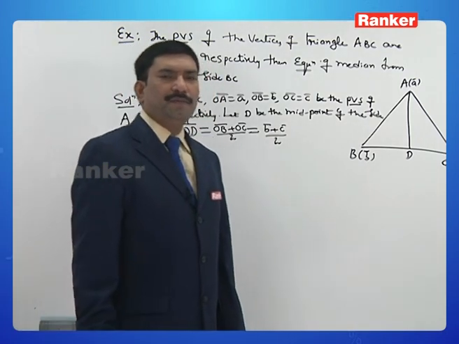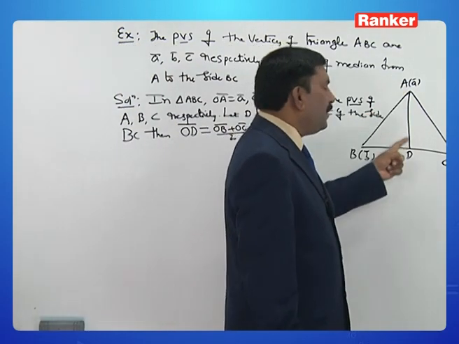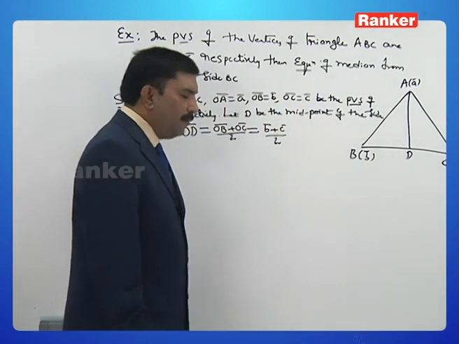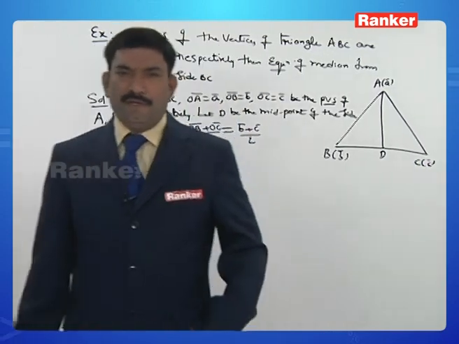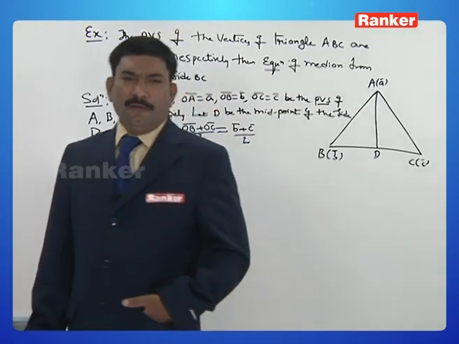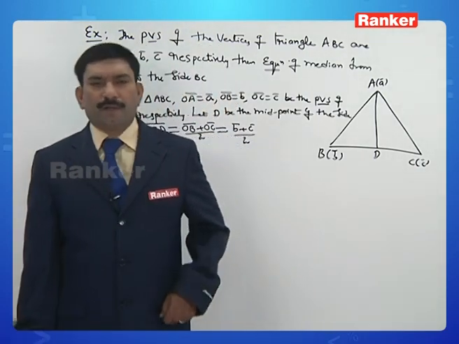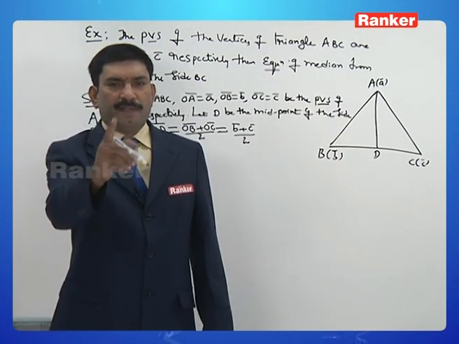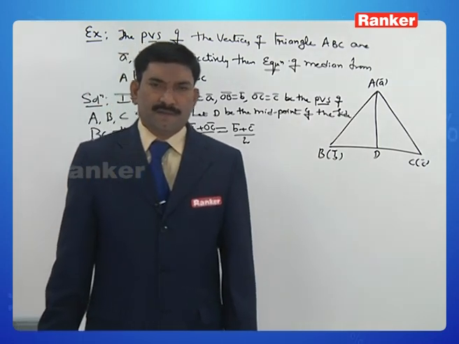Now, AD bar is the median. So now I want to tell the definition of collinear vectors or parallel vectors. When any two vectors are said to be either collinear or parallel, one vector can be expressed as scalar multiple of another vector.